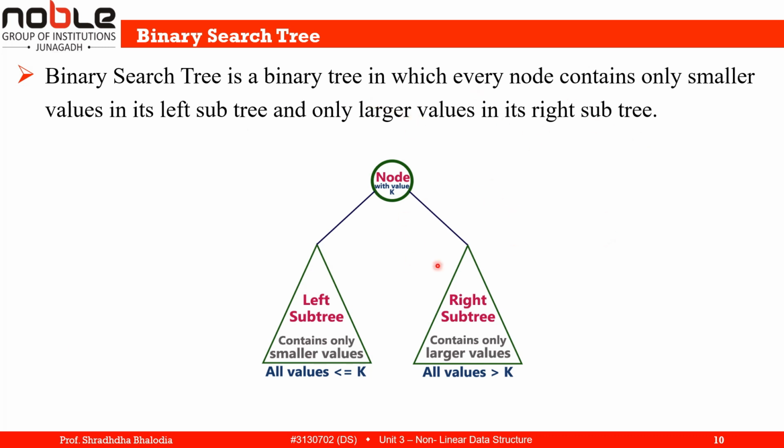That means values less than or equal to the root node are contained in the left subtree, and greater values are contained in the right subtree. So this is how we can search for an element in the tree easily. This tree is known as a binary search tree.